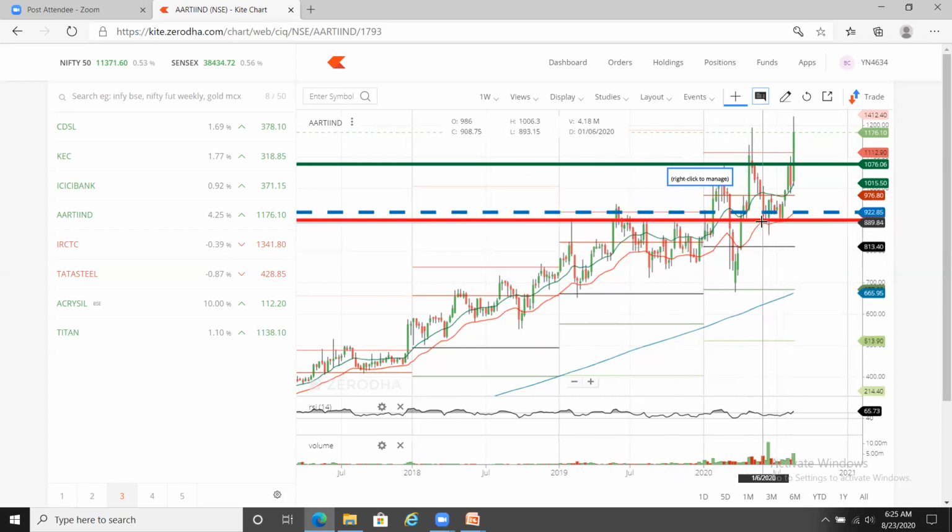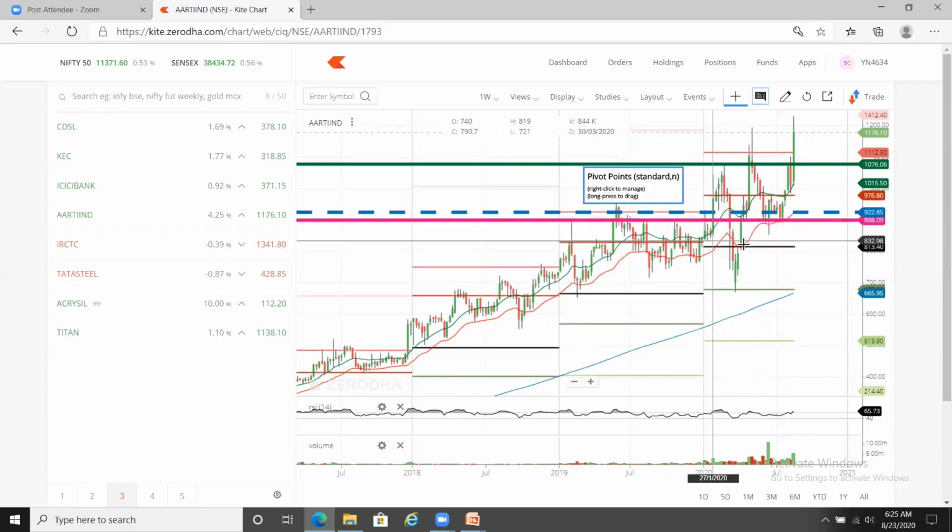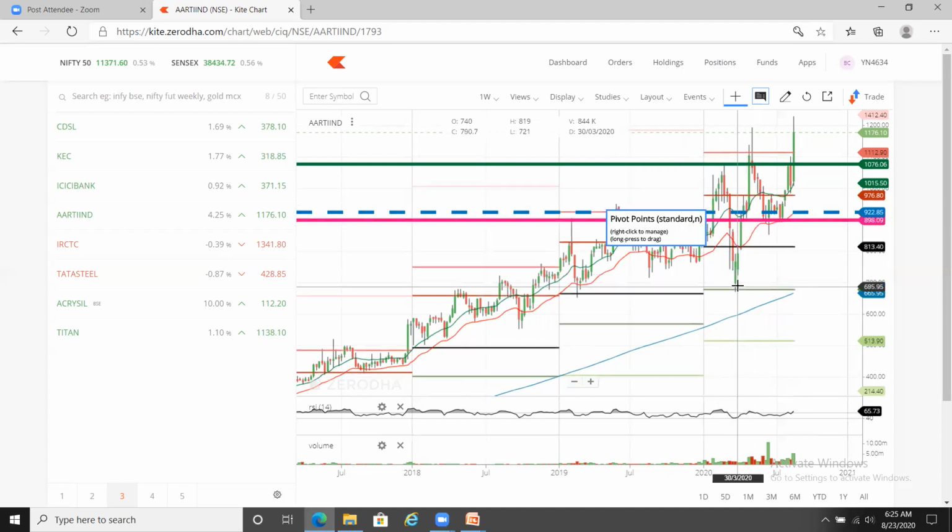So when it actually crossed around 27th of Jan 2020, it crossed that level and made a high around 1041. Since then, this 895 and 900 would have been acting as a support for it. And as you can see, only once during this big fall around Feb March, it actually reached that level and took support again.